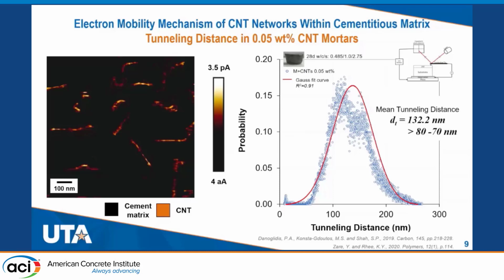With 400 readings, we follow the Gaussian fit curve, and from the results we found that the mean tunneling distance for this particular sample, mortar reinforced with nanotubes 0.05%, is 132.2 nanometer, far away from the threshold. The threshold of 80 to 70 nanometer is the tunneling distance threshold, so we can consider a material with a continuous network within the matrix.